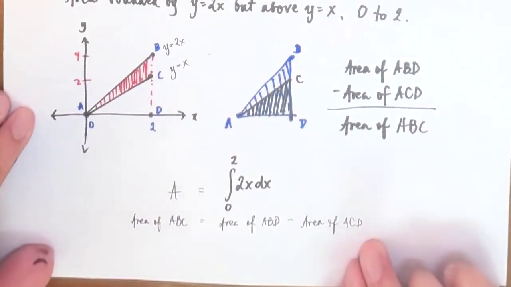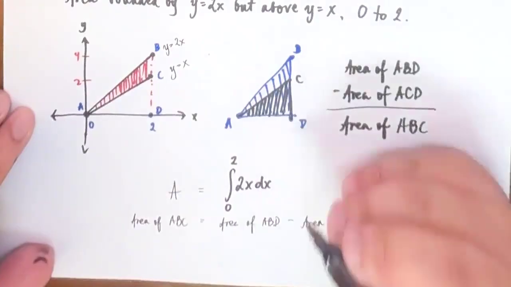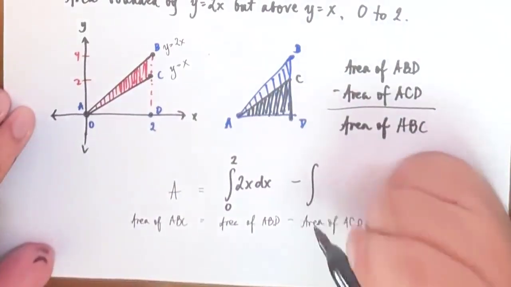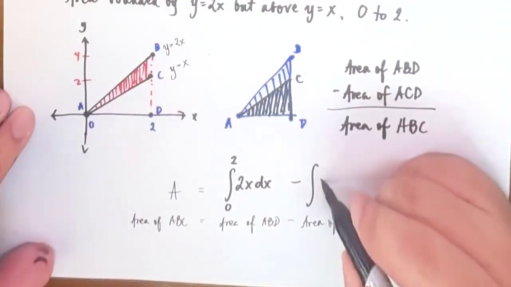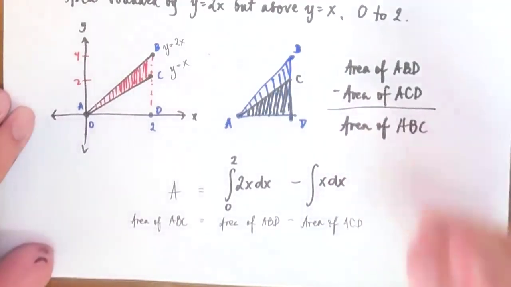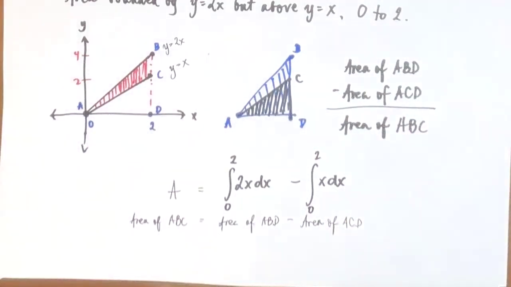And area of ACD, in this particular case, would be the area under y equals x, so x dx, between 0 and 2.